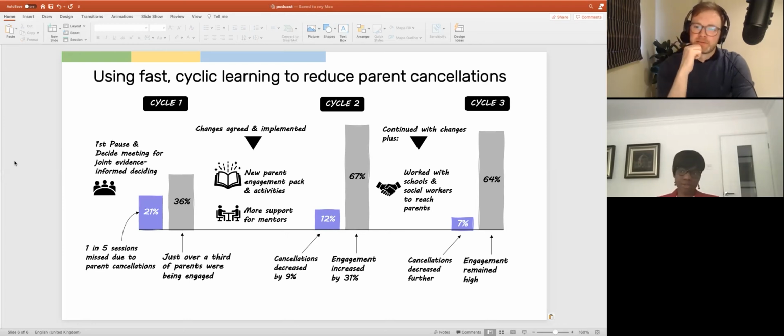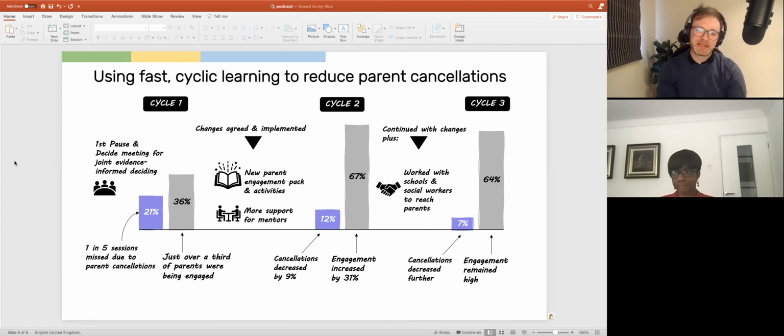So that's what a change could look like. It doesn't necessarily mean you have to throw out your entire theory of change or your entire core program theory. It might mean that you need to adapt a specific activity or the way you do something as you go along.